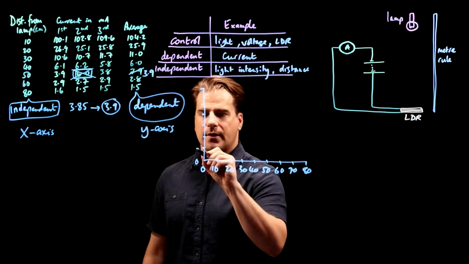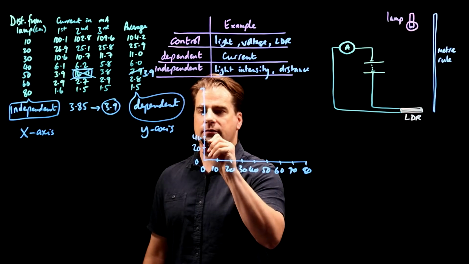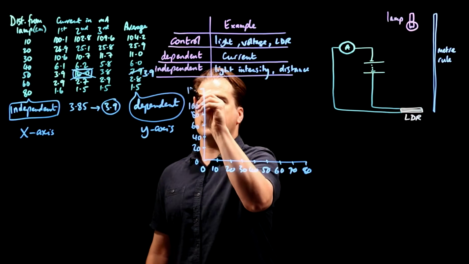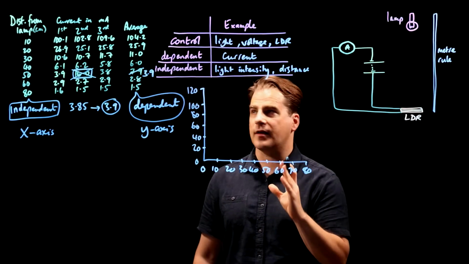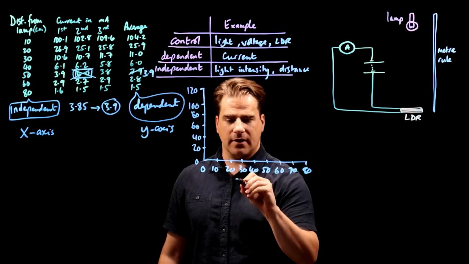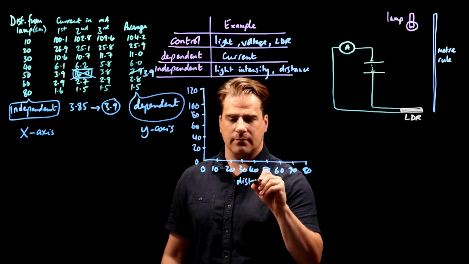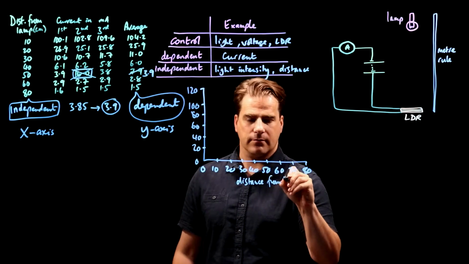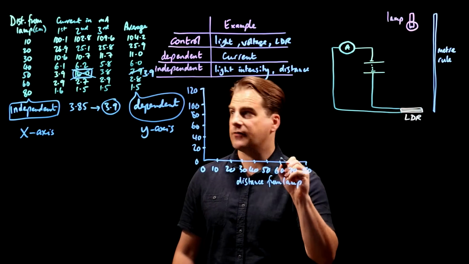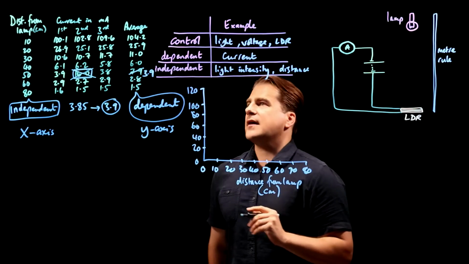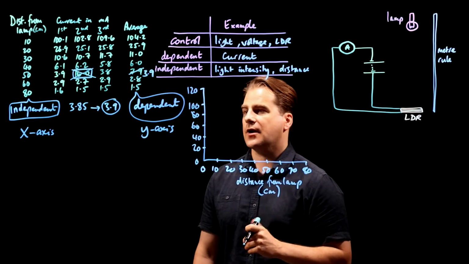So 20, 40, 60, 80, 100, 120. And like I said, don't forget to label the axes. So the x-axis, you have to write it is distance from lamp and give the unit. So that's centimeters. Y-axis is current.